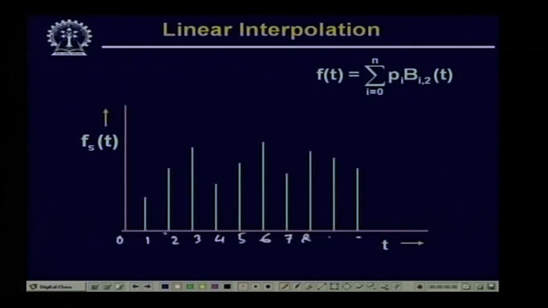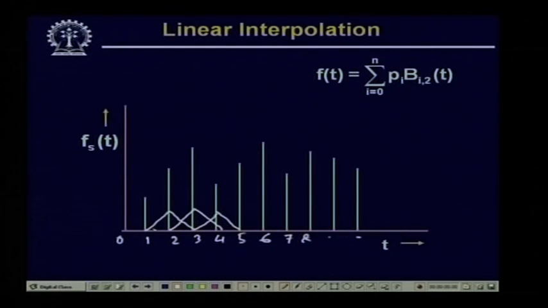Now, B12 is a linear function between 1 and 3. So, B12 is something like this. Similarly, B22 is something like this. B32 is something like this.